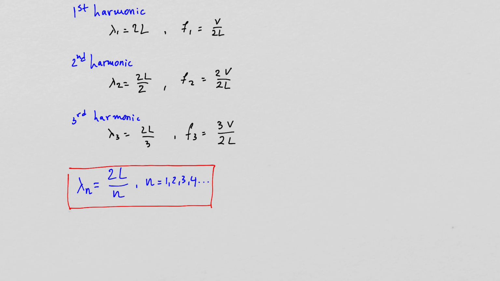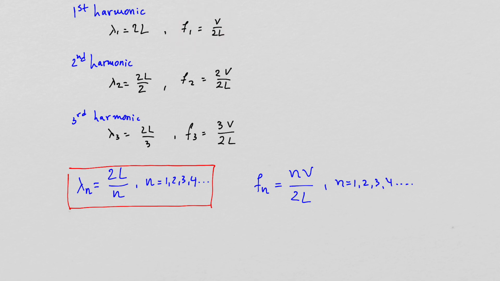So then I can write a general formula for any harmonic frequency, and that is that the harmonic frequency is equal to n times the speed of the wave divided by 2 times the length of the string, and here n is again equal to 1, 2, 3, 4, and so on and so forth. So for the first harmonic, n equal to 1, f1 is equal to v divided by 2L.